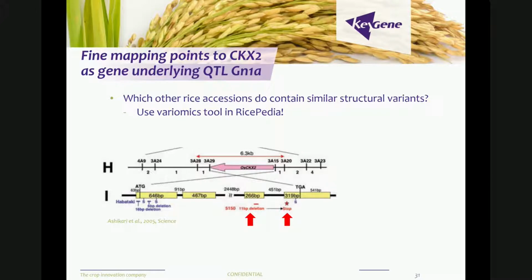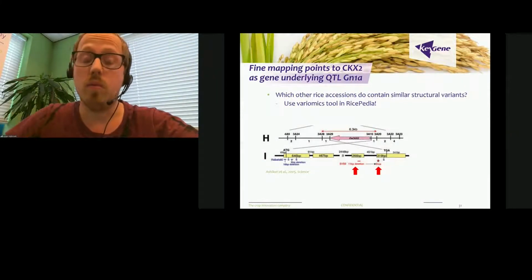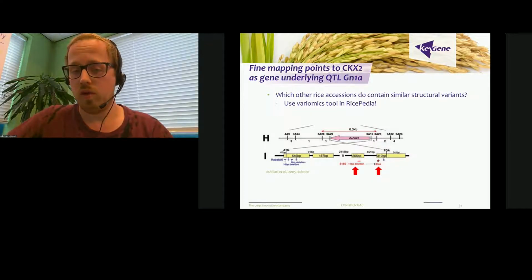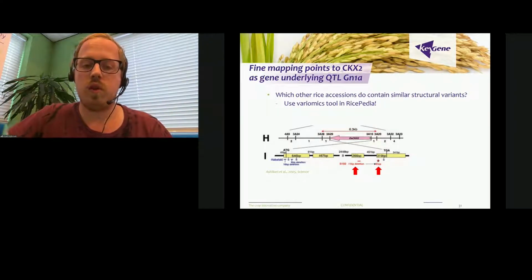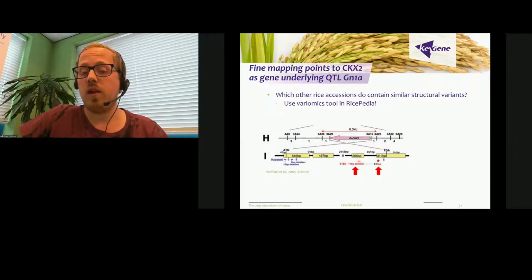And then again, you go back to Pedia to have a look. So it's a back and forth between data generation, Pedia, validation, more data generation, Pedia, etc. In this whole story, Pedia is every time used as visualization and interrogation to basically make sense of all the data that you produce.